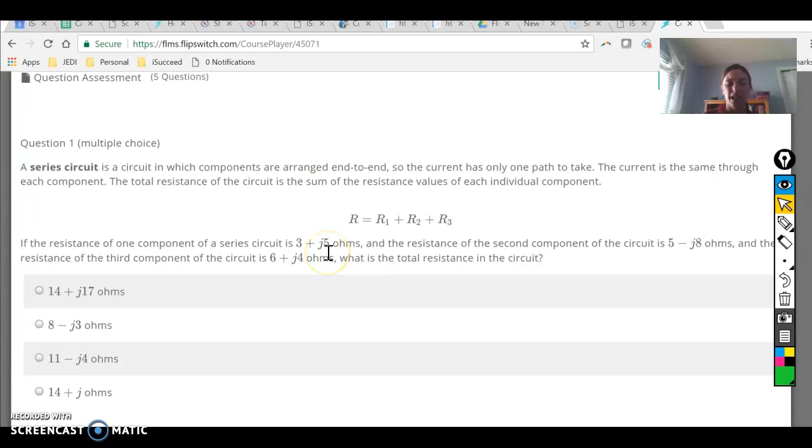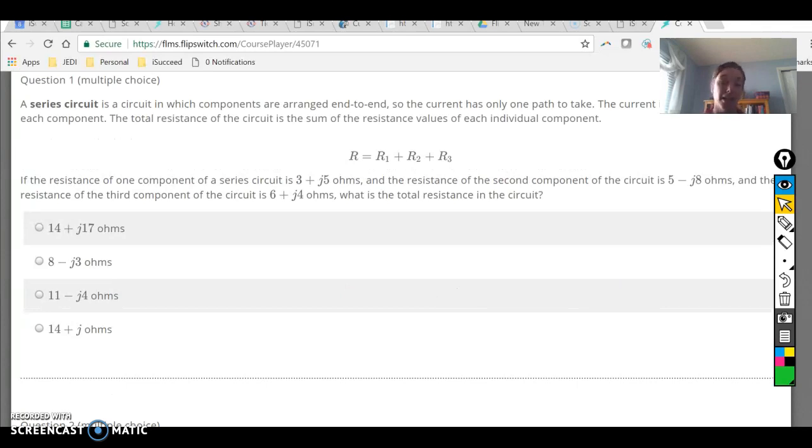And if we add 5 and 4, we get 9. And then if we subtract 8, we'll end up with a positive 1J. So our real component is 14, and our imaginary component is simply 1J, or 1 imaginary unit.